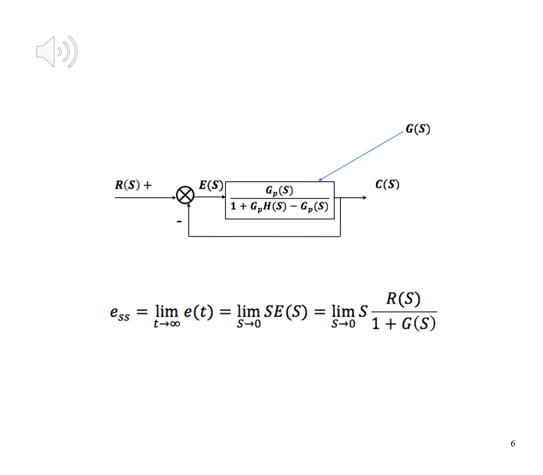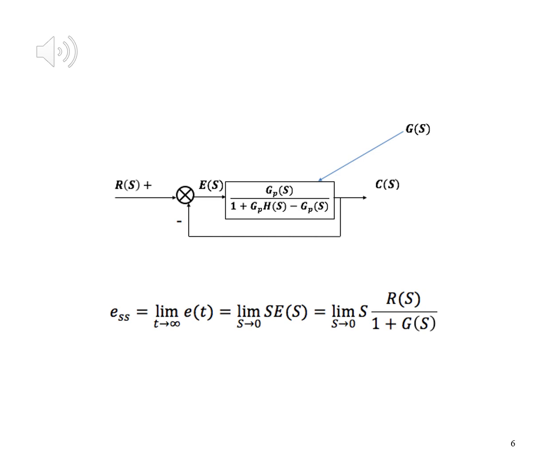It will be the limit when s tends to 0 of s times R of S, which is the input, over 1 plus the loop, and the loop then equals GP of S H of S. Okay? Note that E of S is not equal to E with the suffix A of S. This is called the actuating error signal, and the other is called the error signal.